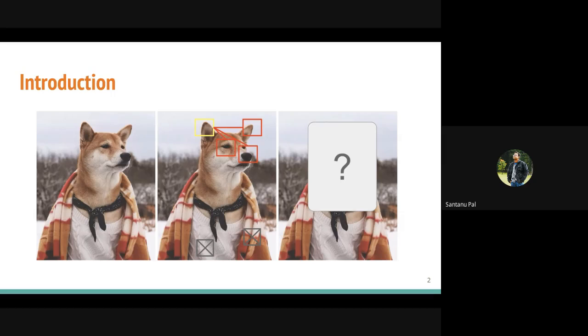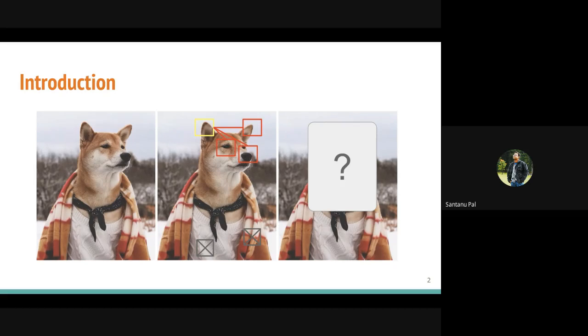But how did we identify the dog? In our brain, we have some features. It is automatically trained. So based on those features, we can easily identify that this is a dog. If you see the red box and the yellow box, based on these features we can identify this is a dog.